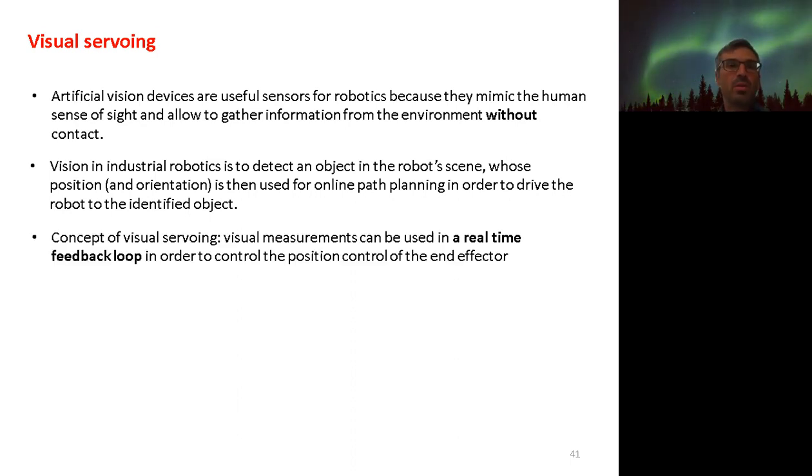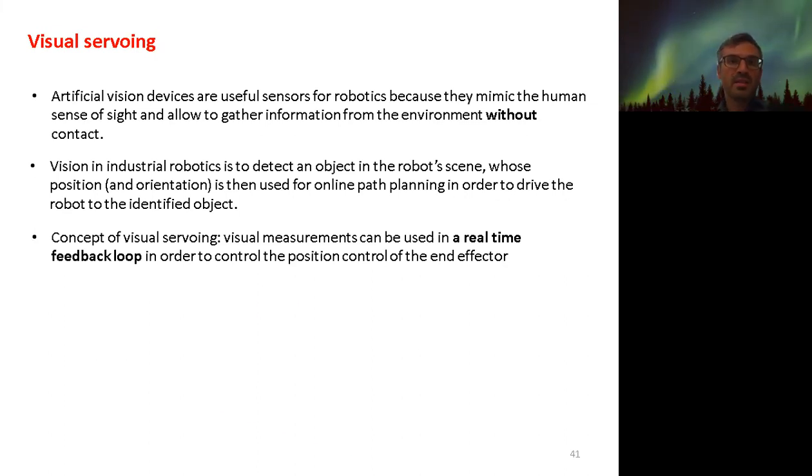And it's not only that, but the concept of visual servoing is that you can use this visual measurement to close the loop directly on the image feature that you want to track. And you can control the position and the orientation of the end effector, closing the loop on the visual feedback.